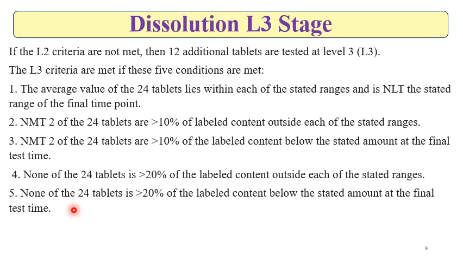Now please consider and understand that whenever you have 24 units data, 2 units should not be outside the range of 10% and none should be outside the range of 20%.